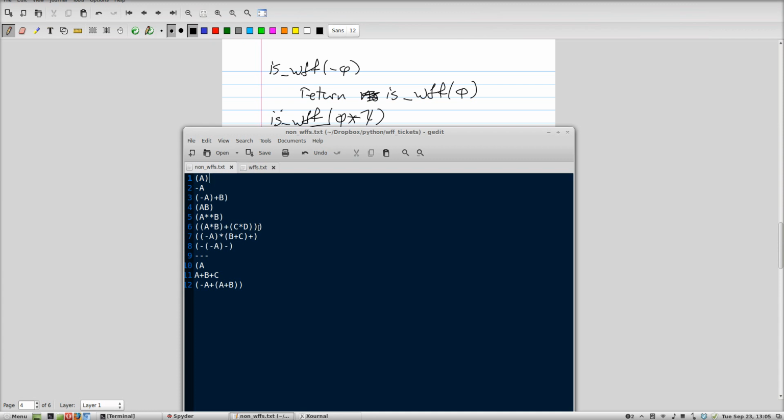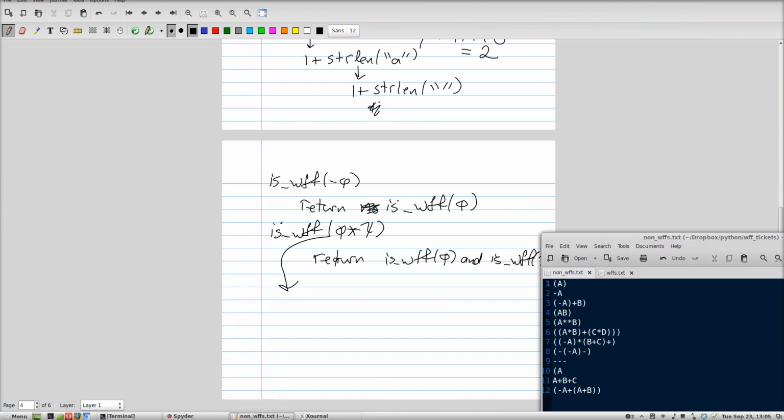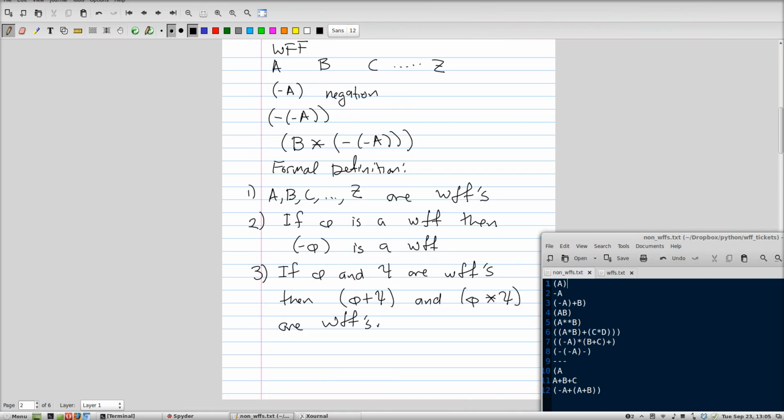They look like arithmetical or logical statements that a human being might write down, because we could understand what the meaning is, or figure out what the intention was, or what the person who wrote it must mean. But the computer is going to fail to recognize it as a well-formed formula because it doesn't satisfy, or can't be realized as something that satisfies, these very specific rules, these three formal rules.